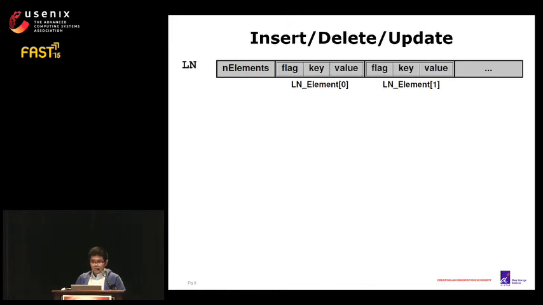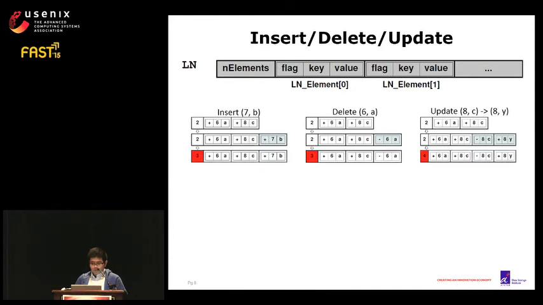So all the tree write operations such as insertion, deletion, and update are transformed into appending leaf node elements. For example, we have a leaf node with two leaf node elements representing 2 entries, 6A and 8C.